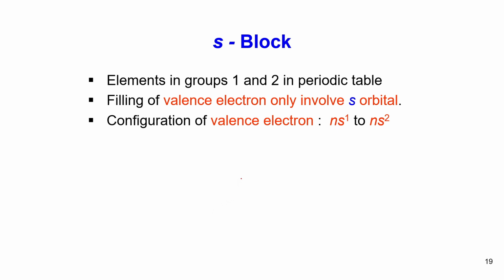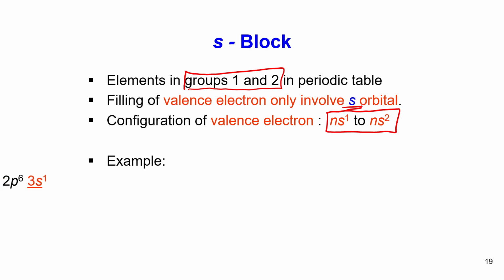So this is the explanation for S block, referring to elements in group 1 and group 2. The highest principal quantum number includes the S orbital only. So we have the general electronic configuration for valence electrons from ns1 to ns2.